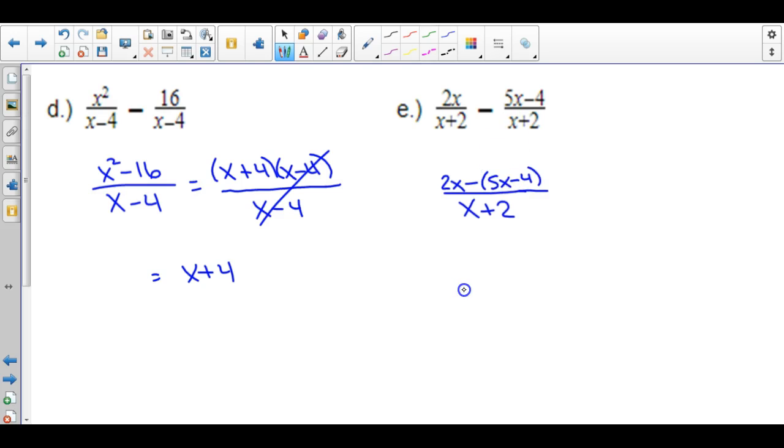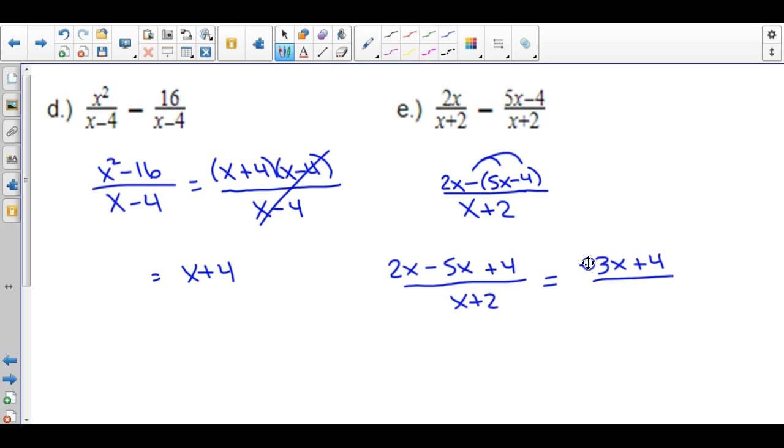And that parentheses is insanely important because the negative 1 that's in front of the parentheses is going to distribute. So I really have 2x and then minus 5x, and this is why the parentheses are important, is now it becomes a plus 4. And then my denominator is x plus 2. So simplifying the numerator, just combining some like terms, I get negative 3x plus 4 over x plus 2. And that's as far as we can go.